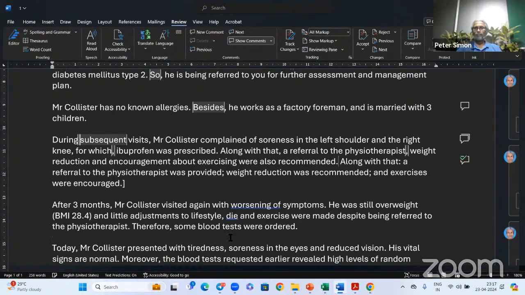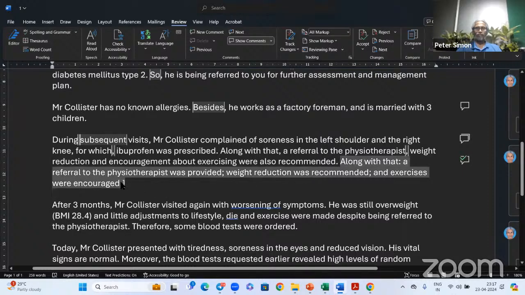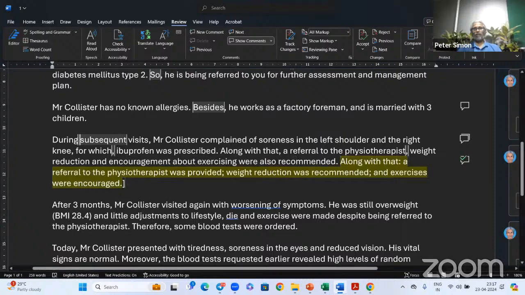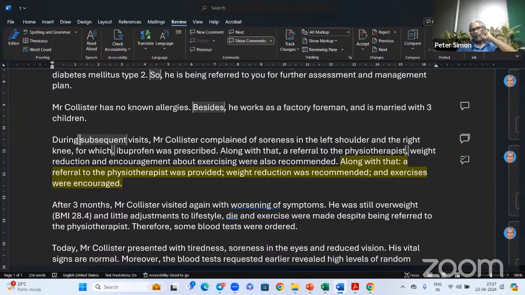Yeah, this is my sentence. Instead of that sentence, you can write like this. So this is called listing of things. I wrote in commas, but I made it even more professional by using a listing of things.